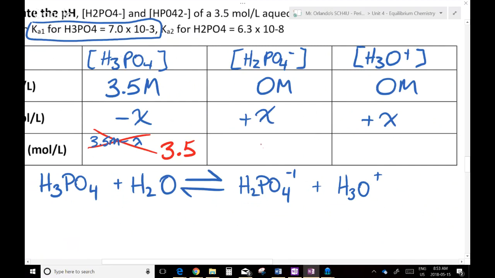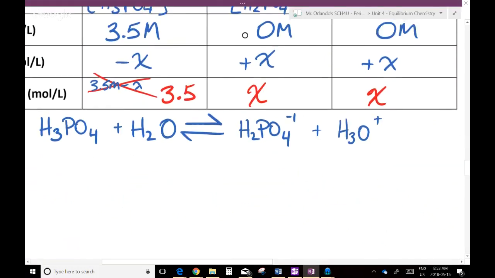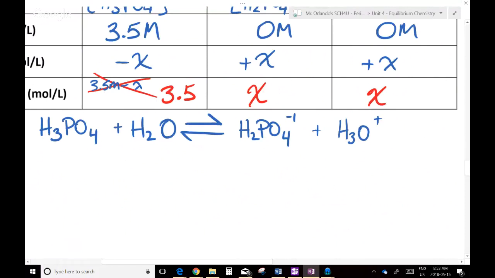But this will still be X. And this will still be X. So this assumption is just going to make the algebra easier. In fact, I am going to do it with 3.5 minus X on the side while you do it the easy way. And I'll show you that we should get the exact same answer because that X is small enough.